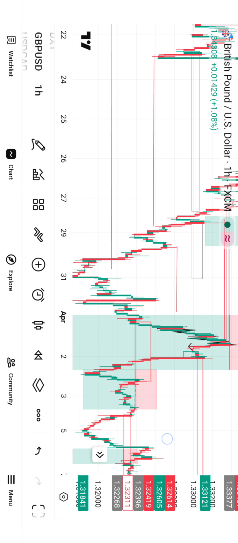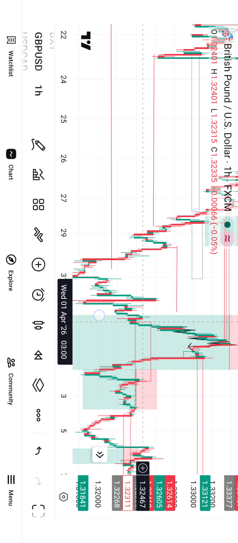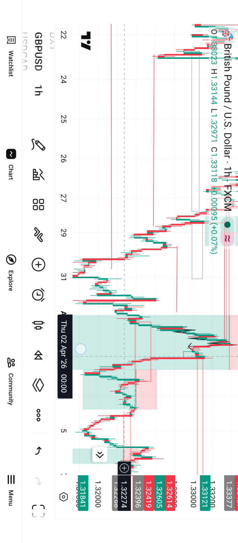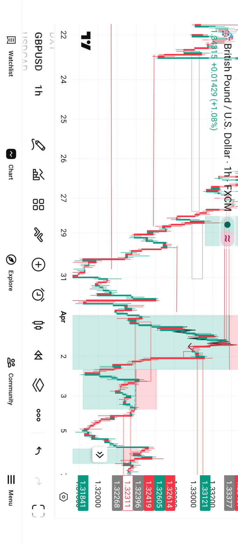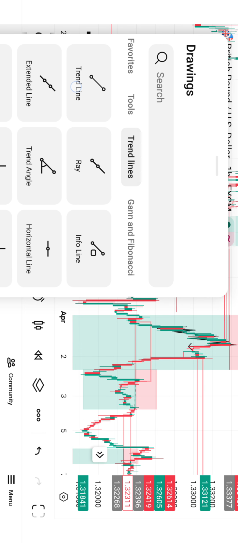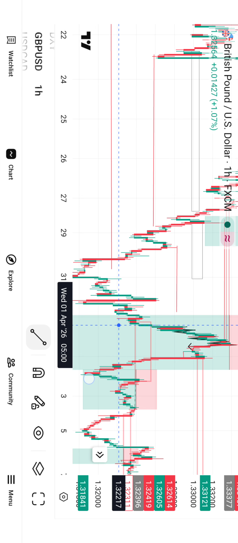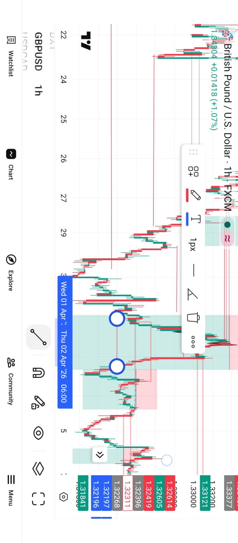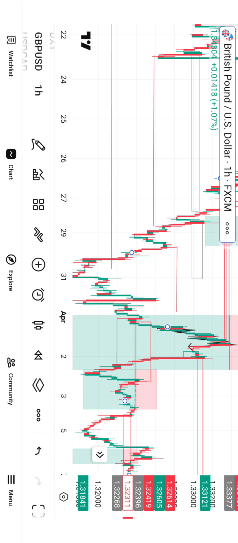This buy order block right here has become a failed order block. Price broke the low right here, and this is our major market structure shift.